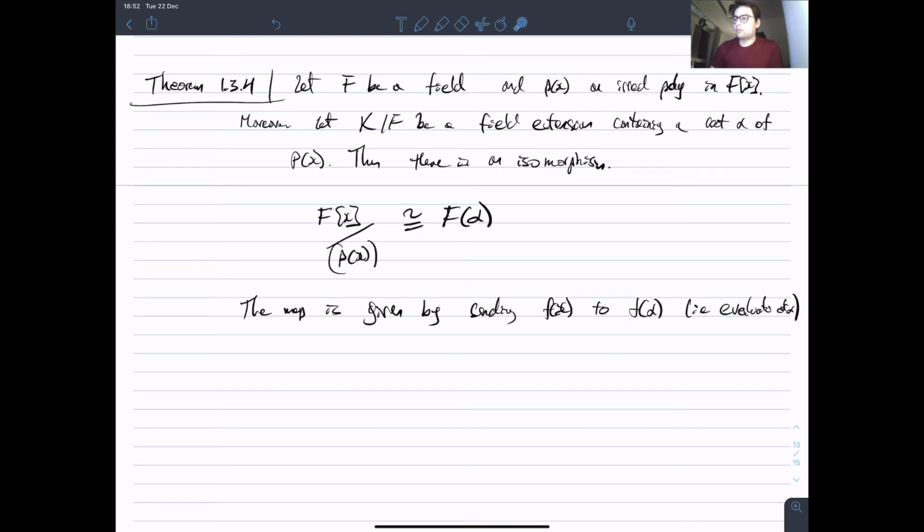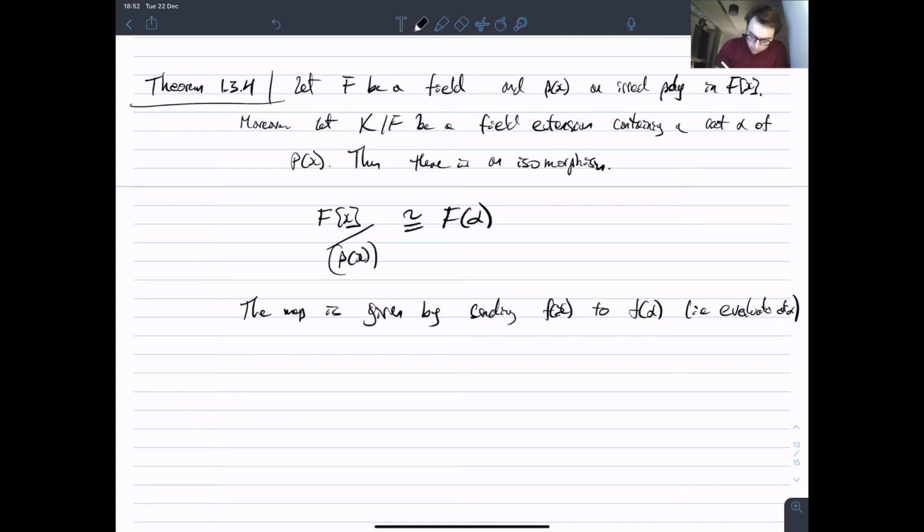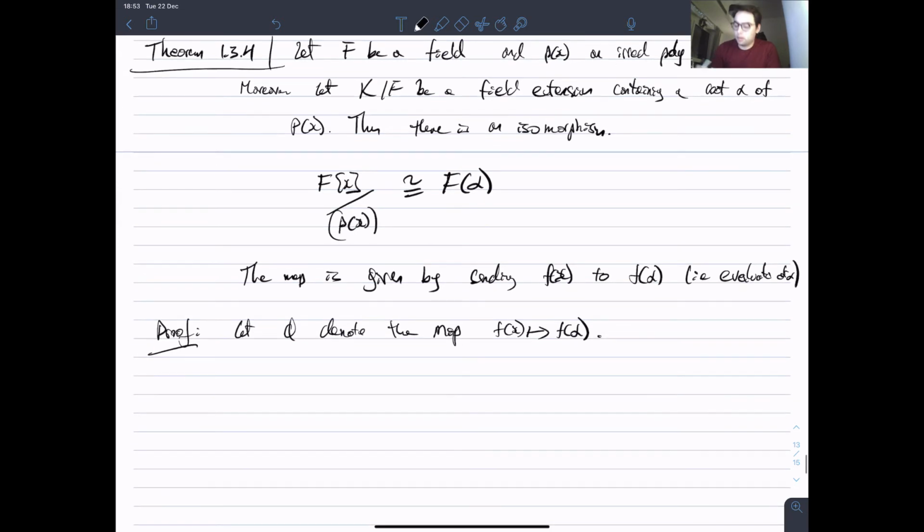Okay. So I'm claiming that there's an isomorphism, and I'm claiming that I can tell you what it is, and I told you what it is. So let's check this. Proof. I'm going to let phi denote the map. Let me just be a bit more precise.